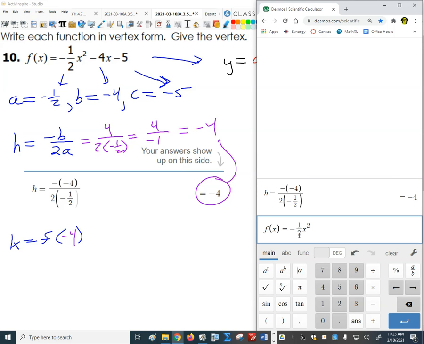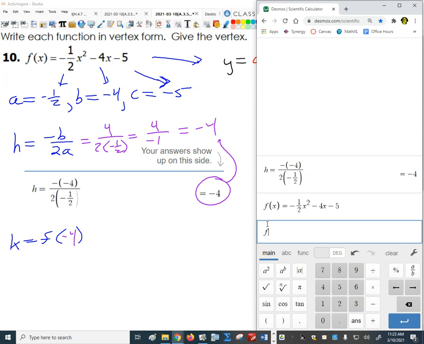Negative half x squared minus 4x minus 5. Oops. There we go. And I want to do f of negative 4. I get 3.